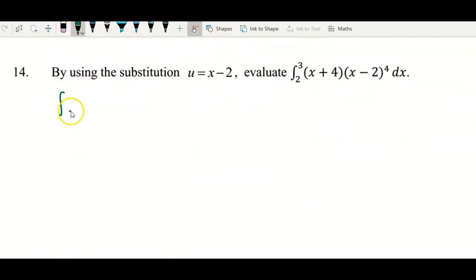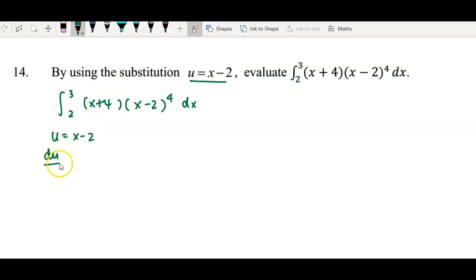I have to integrate from 2 to 3 the function x plus 4, x minus 2 to the power of 4 dx. Okay. Now this question is not a tough question because the question already states that we need to integrate by substitution u equals x minus 2.